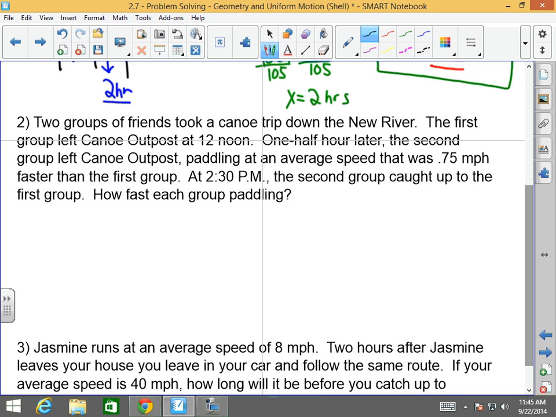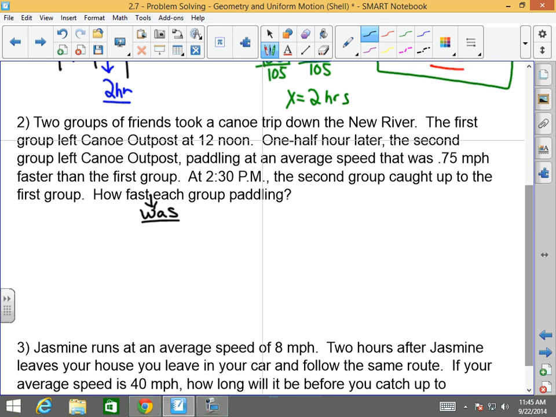At 2:30 p.m., the second group caught up to the first group. How fast was each group paddling? Sorry, there should be a was here. I apologize. How fast was each group paddling?